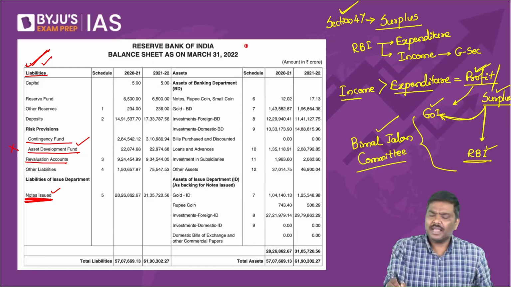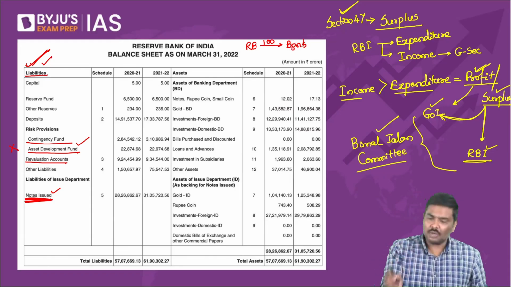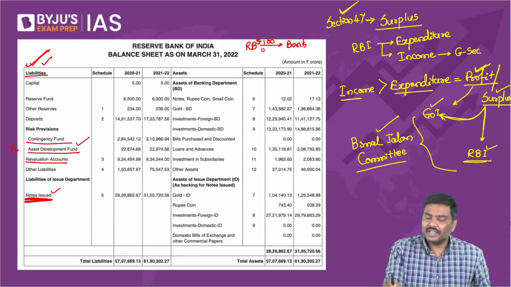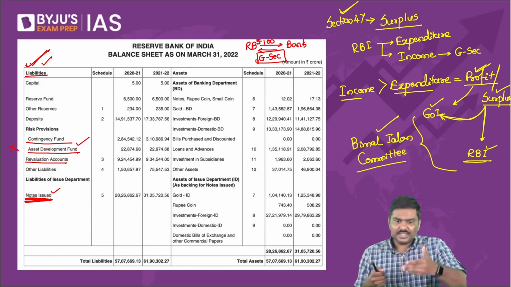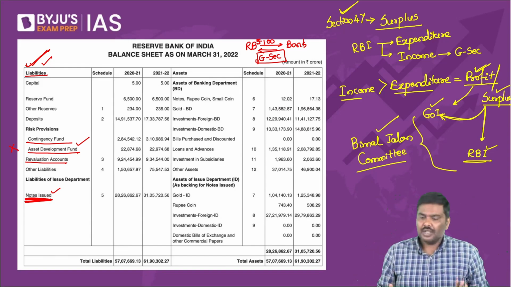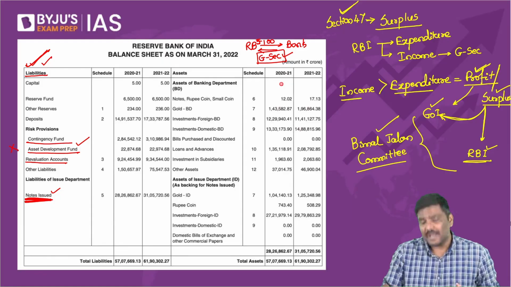What RBI does is a simple transaction. RBI will give 100 rupees to a bank. In return, the bank will give 100 rupees worth of G security, an asset, to RBI.